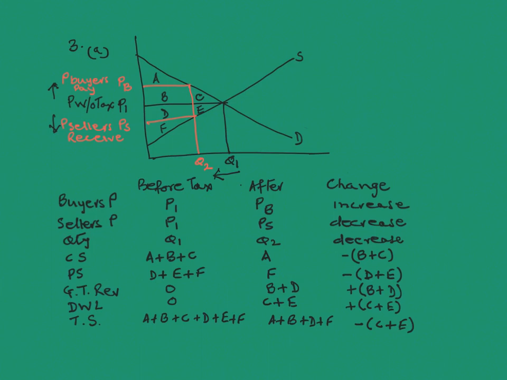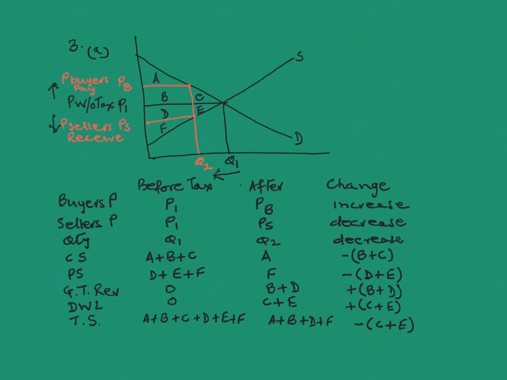Buyers were paying P1 before the tax. After the tax, it increased to PB. Therefore, the change is an increase. For sellers, who were receiving P1 before the tax, after the tax they are receiving less, PS.